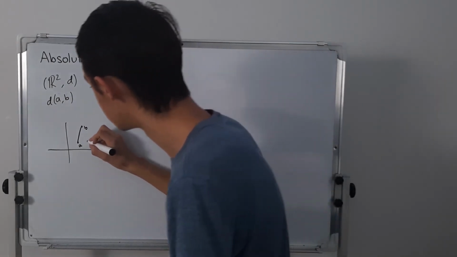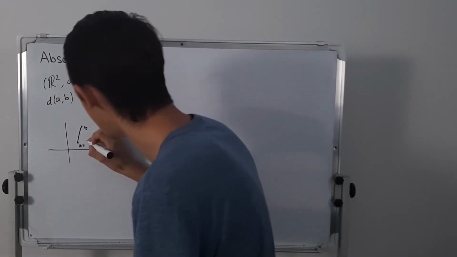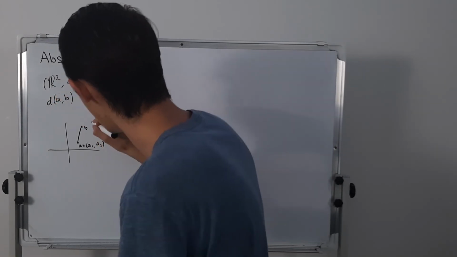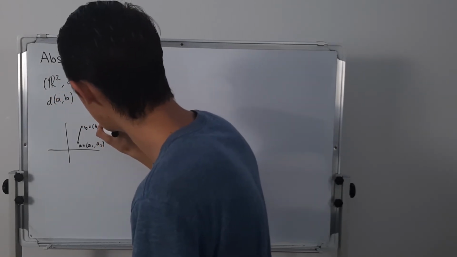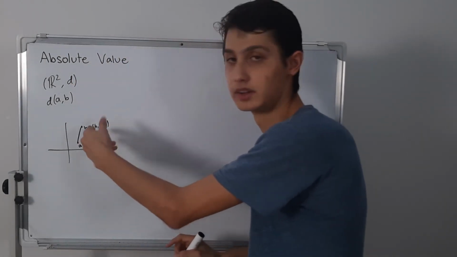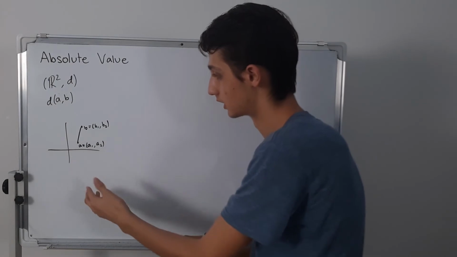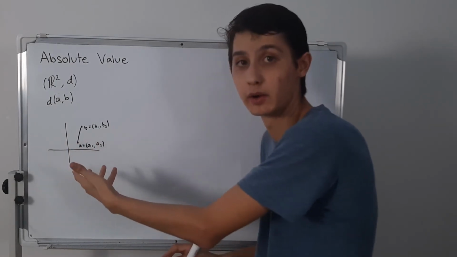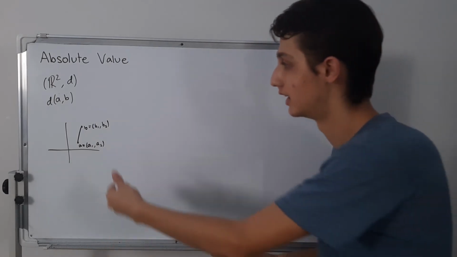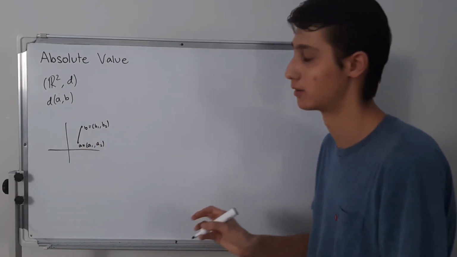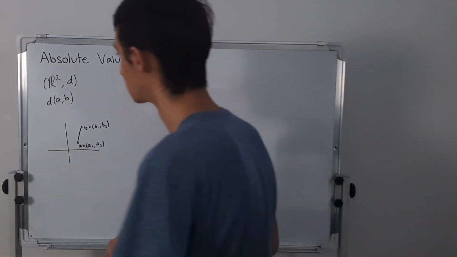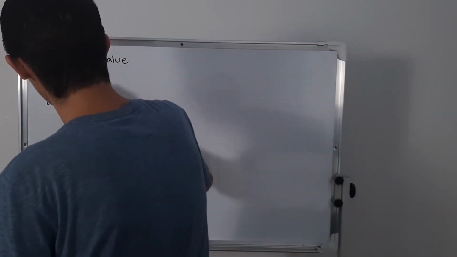So a has an x and a y coordinate, so a really is just a1, comma a2. And then b is just b1, comma b2, where a1 and b1 are the x coordinates of that particular point, and a2 and b2 are the y coordinates of that particular point. You could do ax, comma ay, and bx, comma by if that really helps you, just so you can keep track of what each coordinate means. But that's how we're going to define these.